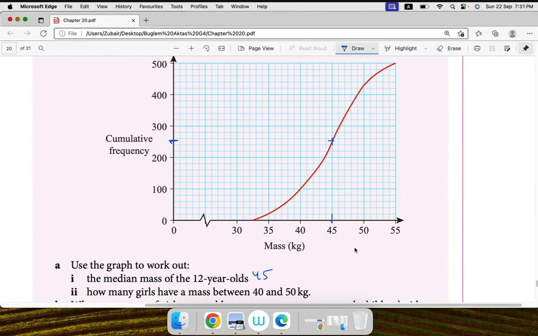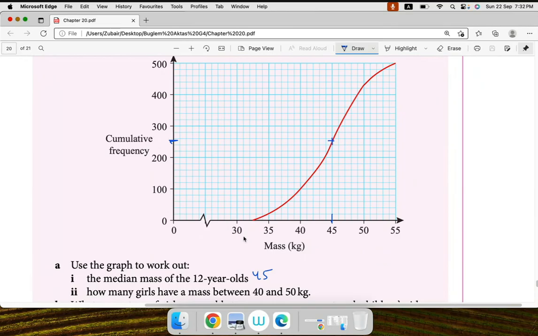How many girls have mass between 40 kg and 50 kg? So it's 100 to 430.